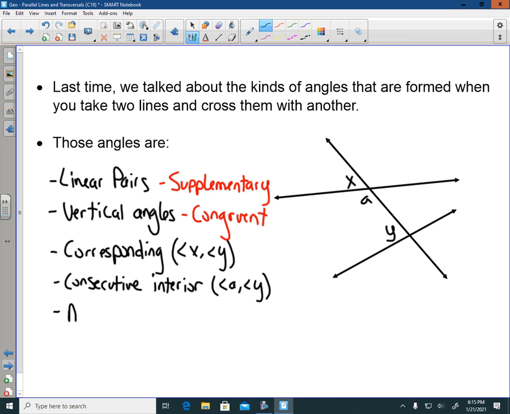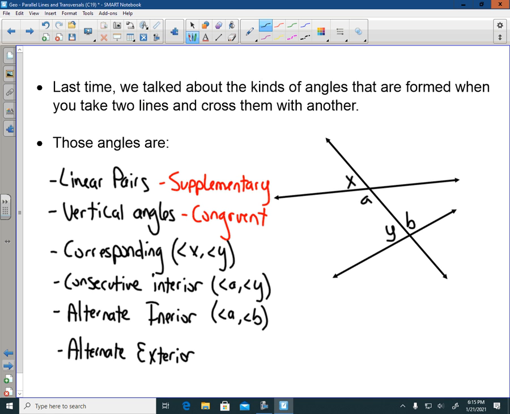And then you have alternate interior. Alternate interiors. So how about A and B? And then you have alternate exterior. And let's see, alternate exterior. How about X and R? Angle X and angle R are a good example.